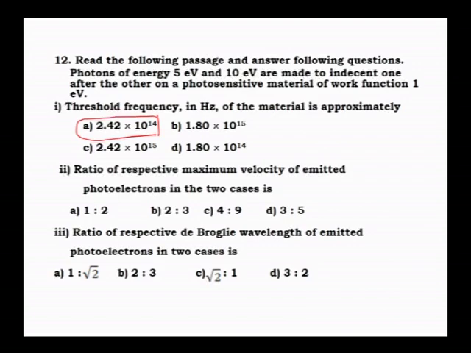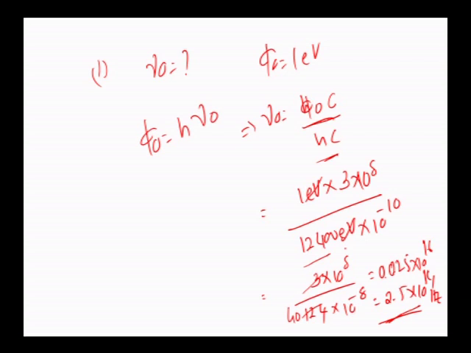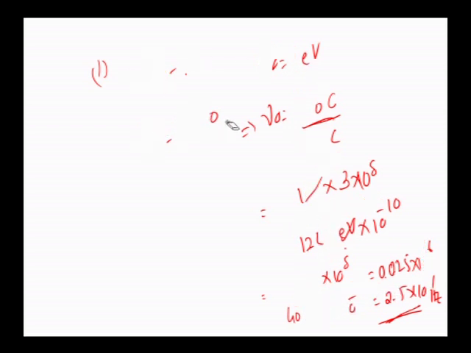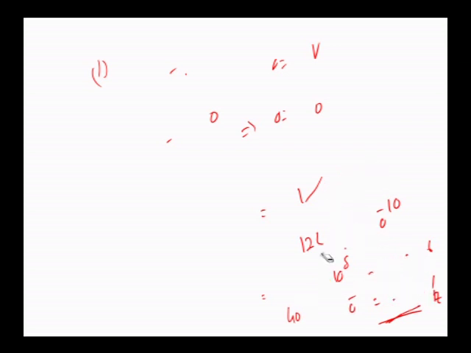Then second question, the ratio of respective maximum velocity of emitted photoelectrons in 2 cases. Okay? Now what do we do, I will write the direct equation. You have to find out the ratio of velocity, right? That is half into m into v square is equal to energy minus phi naught.